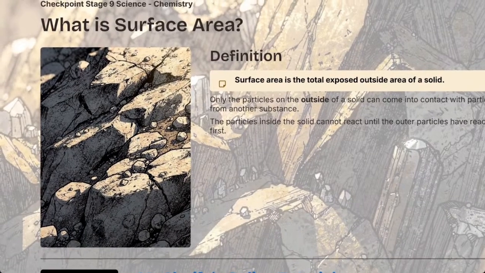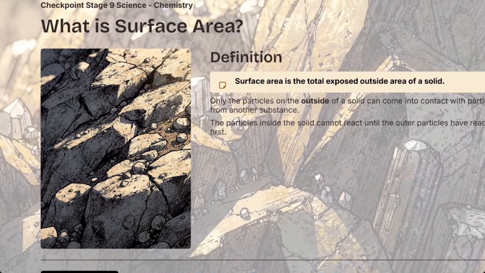Now let's see what surface area is. Surface area means the total exposed area of a solid. When you look at a solid, how much is it exposed? If you look at big rocks, there is a lot of stuff inside the rock that is not exposed. So the surface area is actually not big.